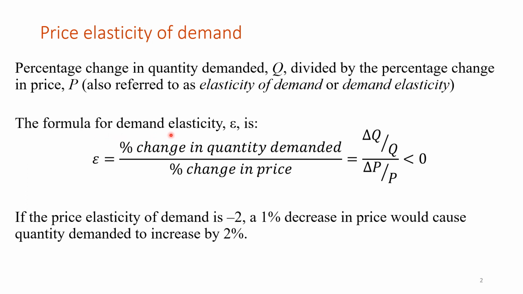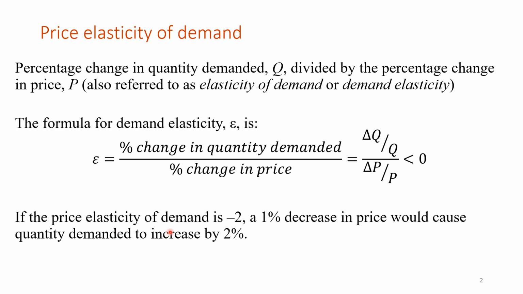The formula for the demand elasticity, which we denote by epsilon, is the percent change in quantity demanded divided by the percent change in price, and percent change is simply the change in Q divided by Q. So if we go from 1 to 2, it's basically 1 divided by 1. If we are looking at demand elasticity, it has to be negative because the demand function is downward sloping.